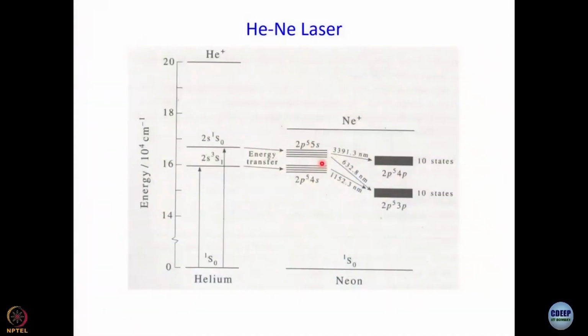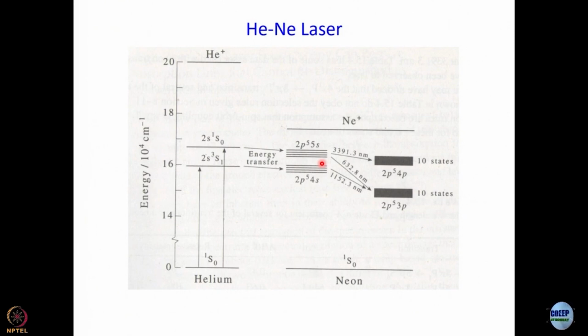But it is important to take the mixture. If you just take neon, it may not be so easy. There will be many competing pathways perhaps, because there is no guarantee that these two levels will be populated to a very large extent. If you just take helium, of course, it will not work. So it is a little serendipitous, but then it works.